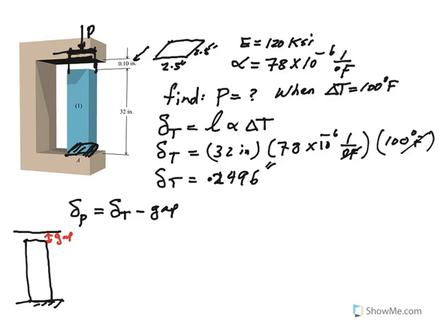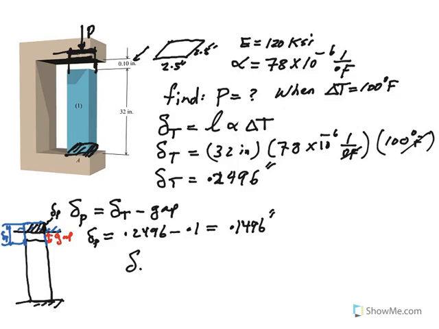When the temperature rises, this is going to go up to here if there wasn't any constraint here, right? So this is your delta T, and if you now subtract the gap from the delta T, that would be delta P. So delta P in this case would be 0.2496 minus 0.1, so that's 0.1496 inches.